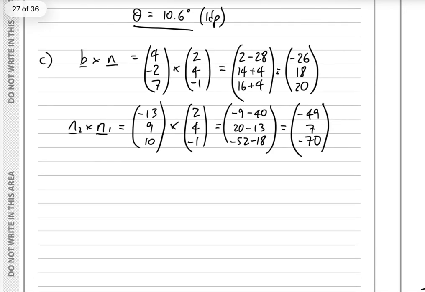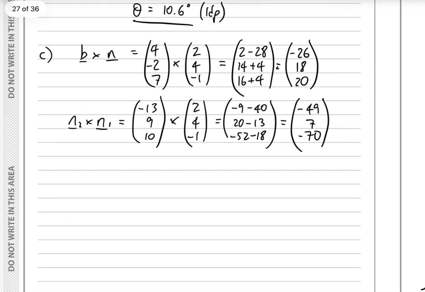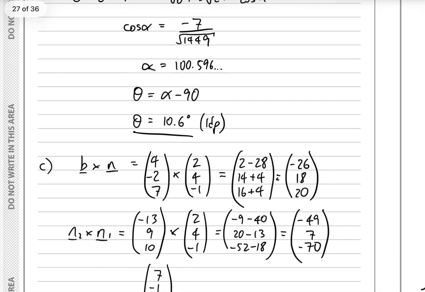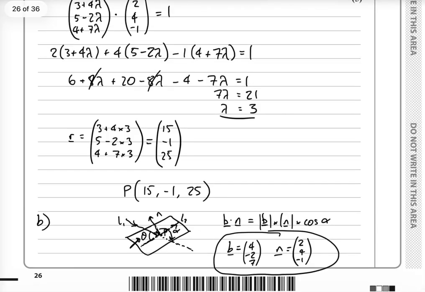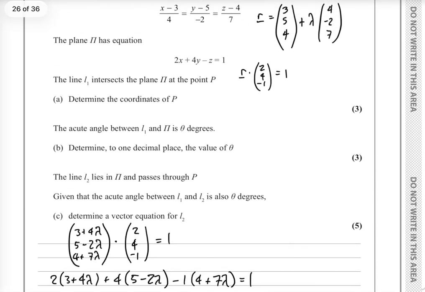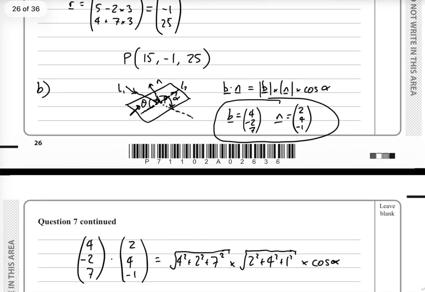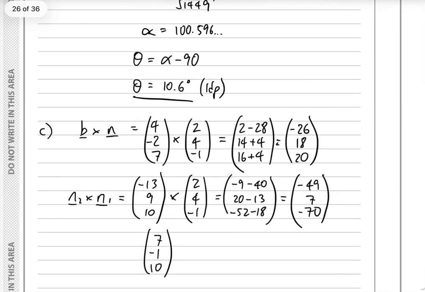Because again, this is a direction, so we can simplify that, divide them all by 7, or minus 7 even. We get (7, -1, 10) as the direction of the line. So this is kind of my b direction vector for this L2, but it also goes through P, and we found the coordinates of P somewhere. There they are, (15, -1, 25).